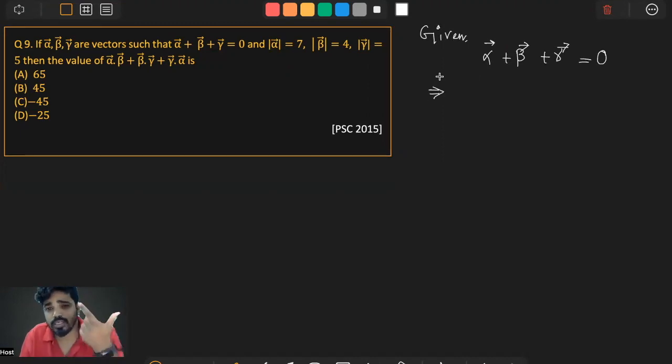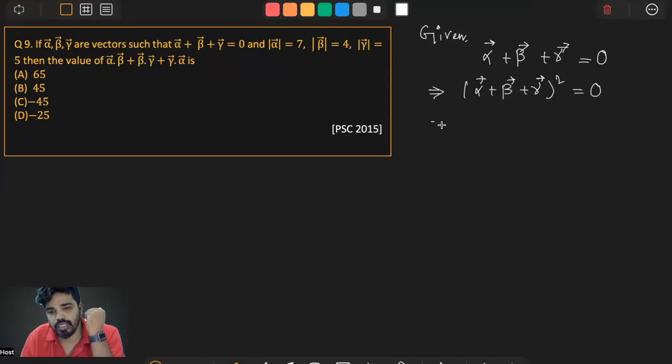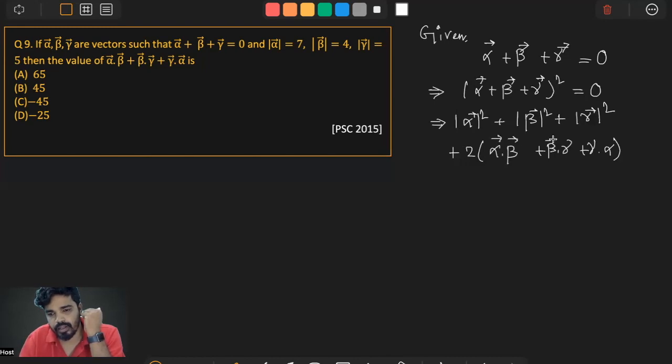What did I do in the previous example? Just squaring both sides. So the same concept applies. (Alpha plus beta plus gamma) squared is equal to 0. So this implies modulus alpha squared plus modulus beta squared plus modulus gamma squared plus 2 into (alpha dot beta plus beta dot gamma plus gamma dot alpha) is equal to 0.